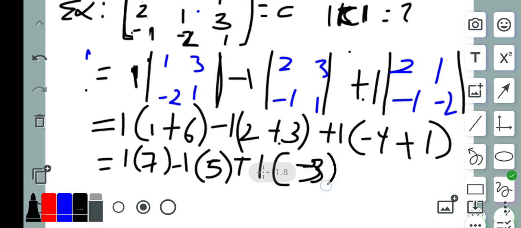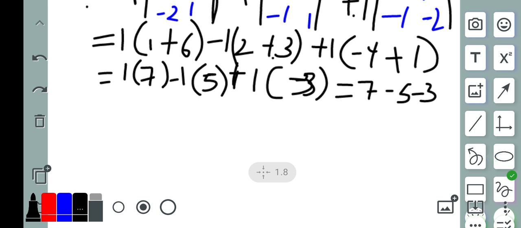Opening the brackets, we have 7 minus 5 minus 3. That gives us minus 1. So the determinant of that matrix is minus 1.